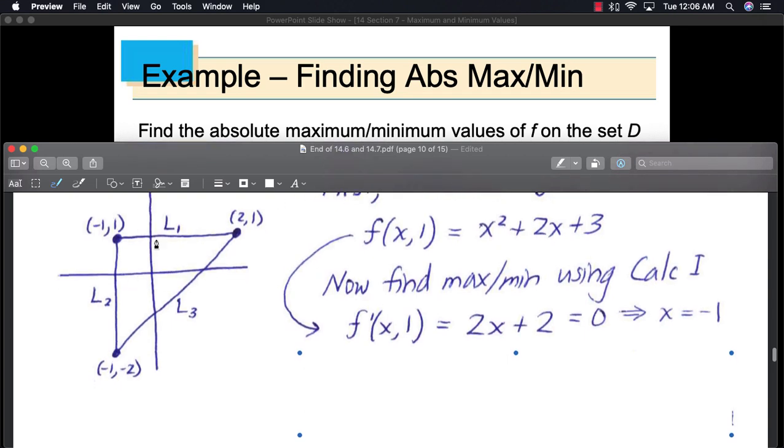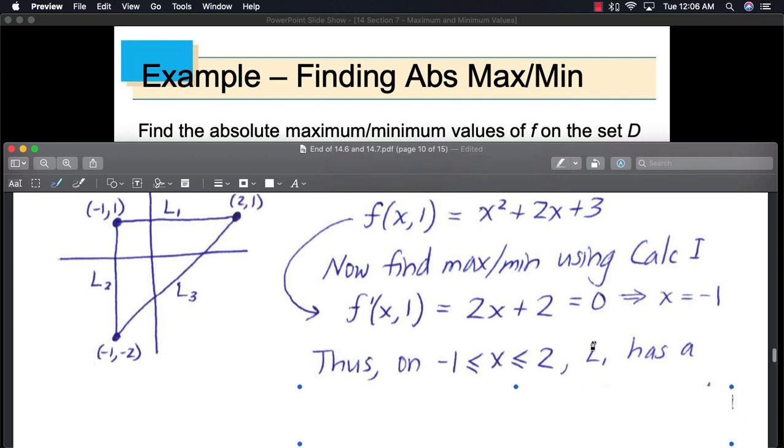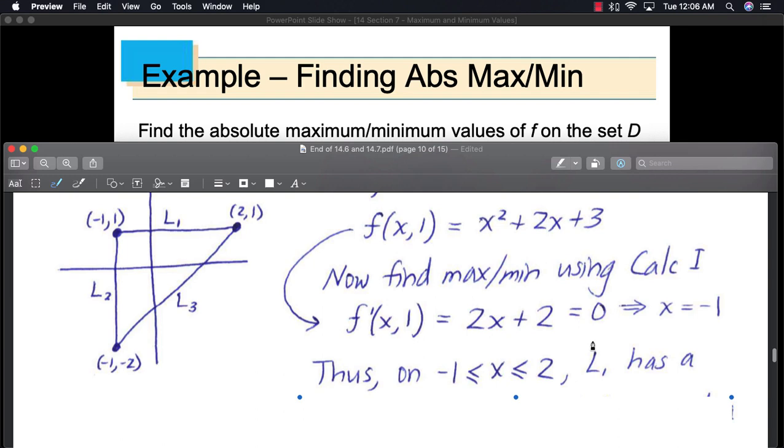Now this is a critical point only along the border. That's okay. And again, notice that x is going from -1 to +2. So what we do is we take x equals -1 and we plug it in here.